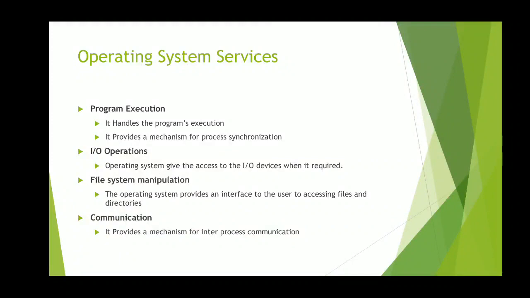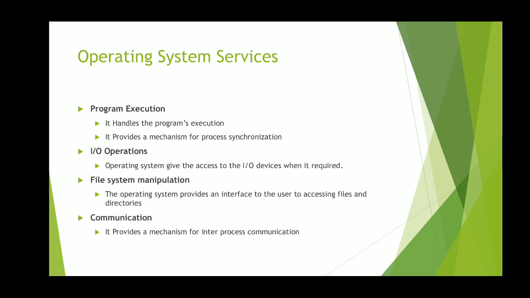The next service of the operating system is the file system manipulation service. We know that in a computer there will be a hard disk, and in the case of an embedded system there will be a memory card, and these secondary storage devices are used to store data and programs.